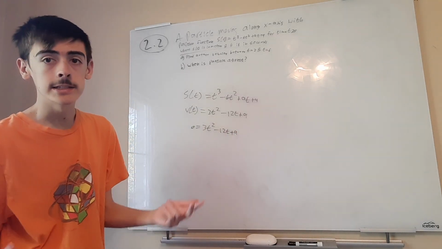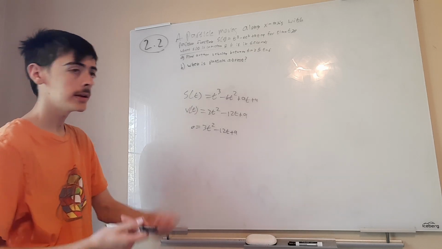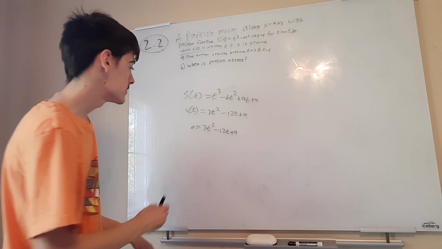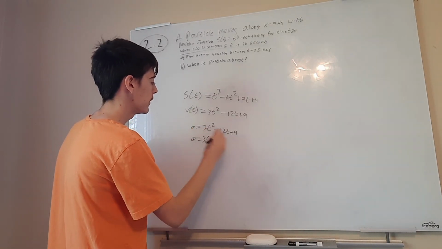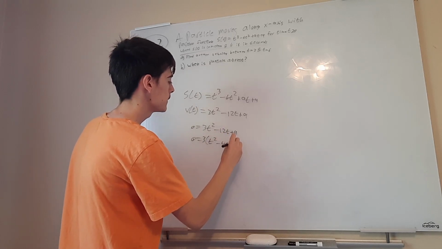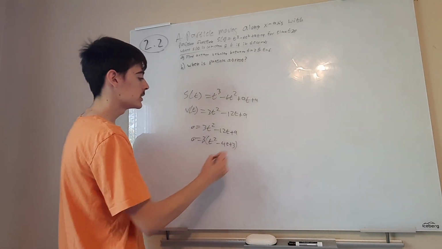Now, like I said, this is calculator active, so we could just plug this into a calculator, but that's not always the best thing to do. Sometimes it's a lot faster to just do it yourself. So we could factor out a 3. So it'll be 3 times the quantity t squared minus 4t plus 3. Divide both sides by 3 to get rid of that 3. And now we could just factor this.